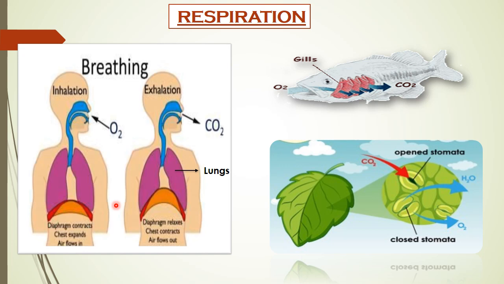Oxygen that goes inside the body is used for production of energy. That energy is used for movement and performing different activities, and carbon dioxide is released from the body. This is respiration.